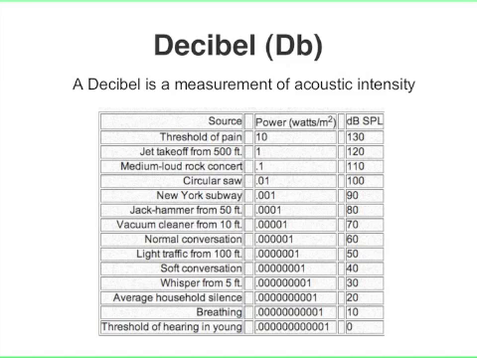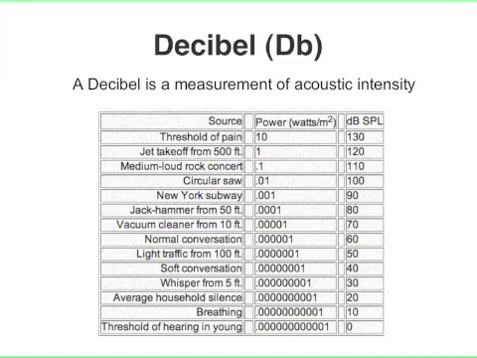There are a lot of pretty thick mathematical formulas that describe decibels that we won't go into now, but I thought this chart would be helpful in terms of seeing what the decibel levels are of things that we hear in our environment.